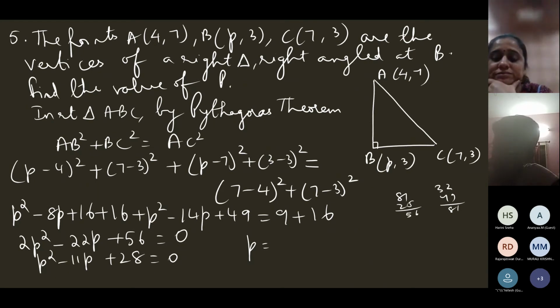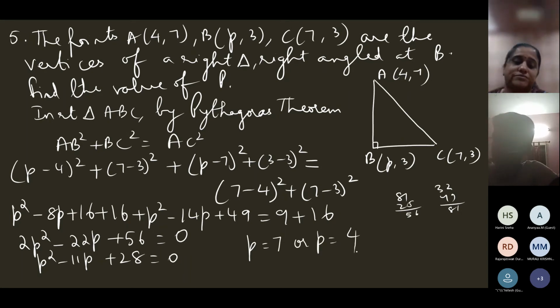P is equal to 7 and 4. Very good. 7, 4. So you'll have to split the middle term and find the values of p. P is equal to 7 or p is equal to 4.